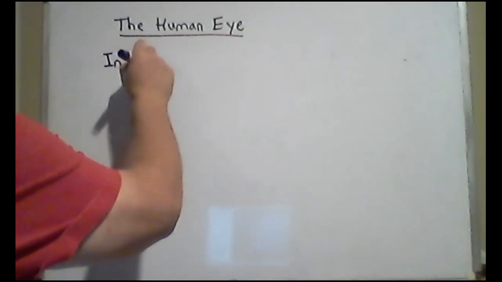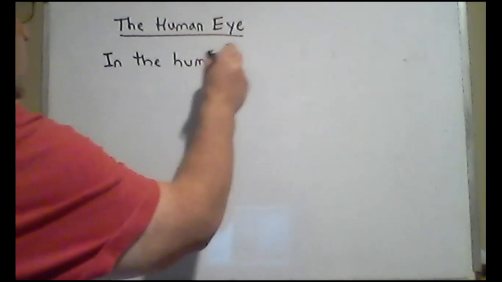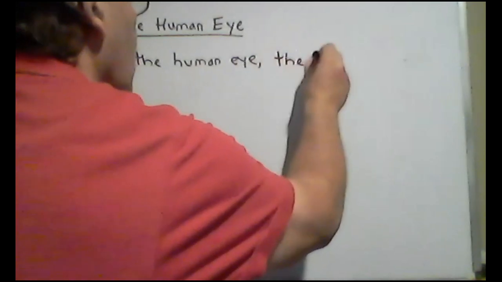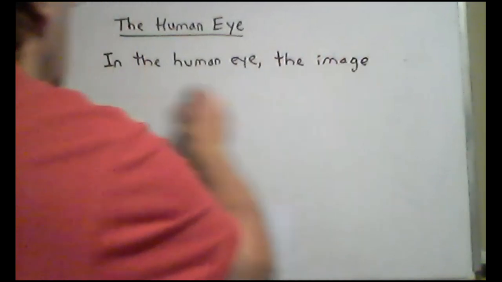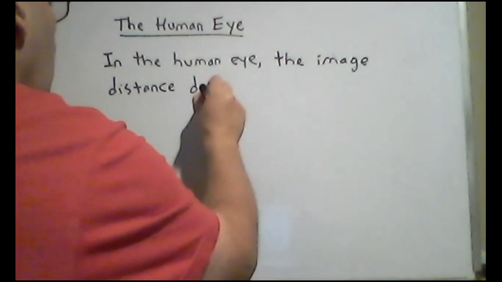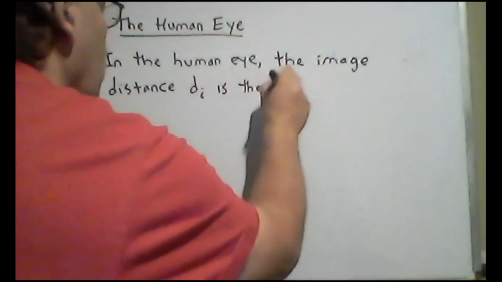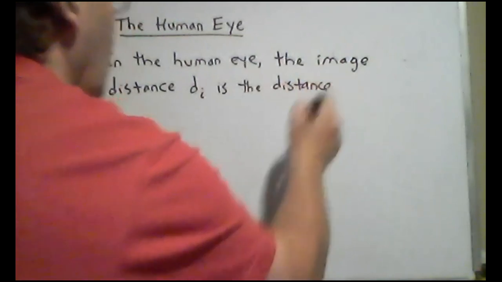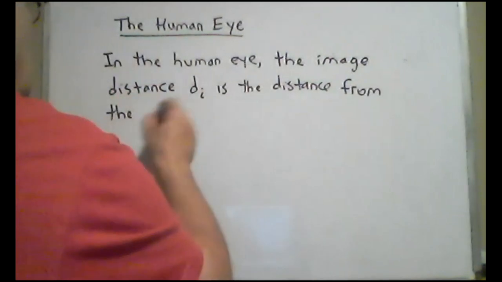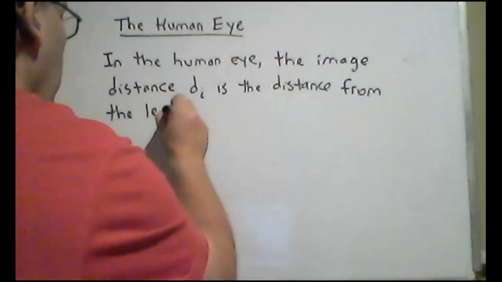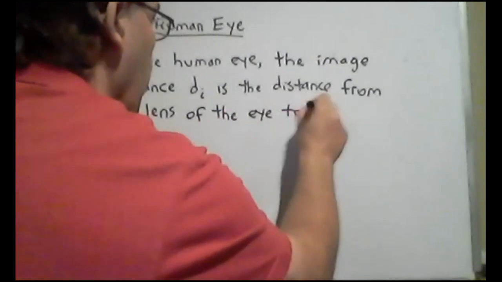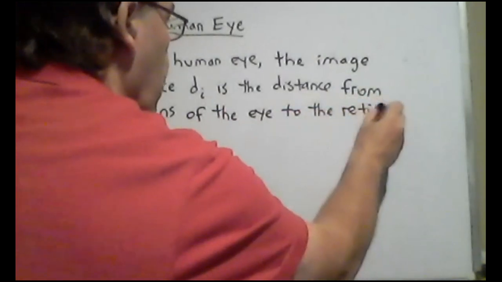So in the human eye, the image distance d sub i is the distance from the lens of the eye, lens cornea, to the retina, where the image forms.